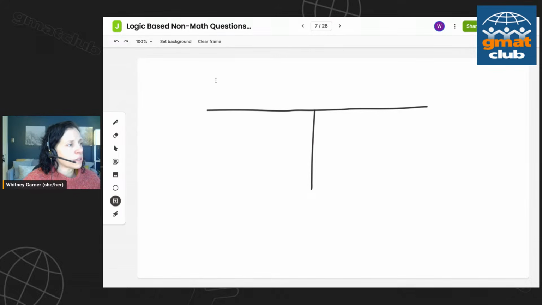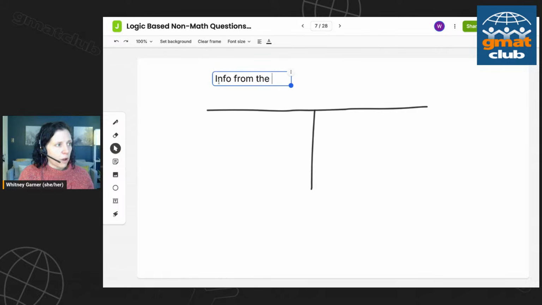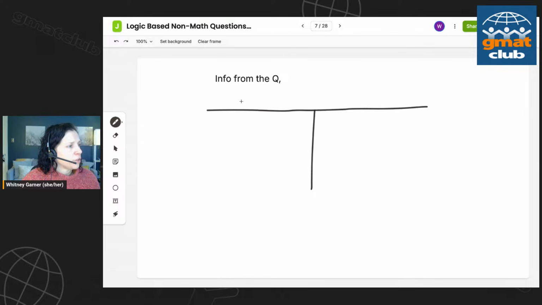Up top is going to be any info from the question: facts, tables, and work that you put together, and eventually the question. Then you'll do your work for statement 1 on the left, always. Your work for statement 2 on the right, always.